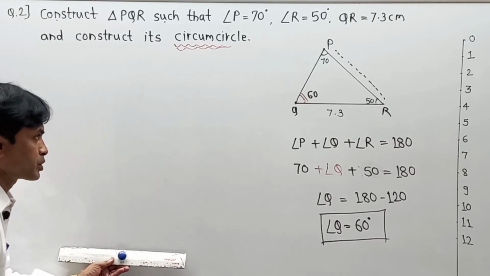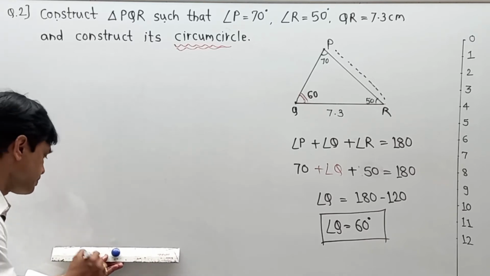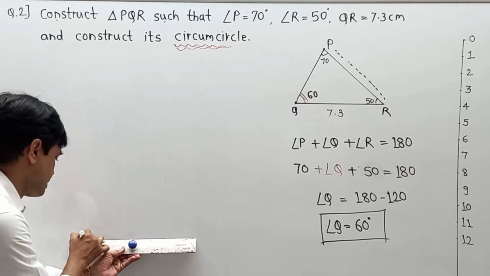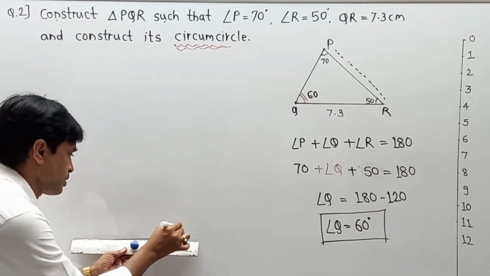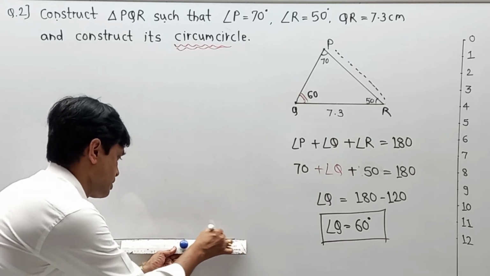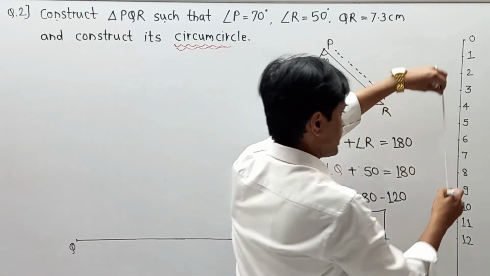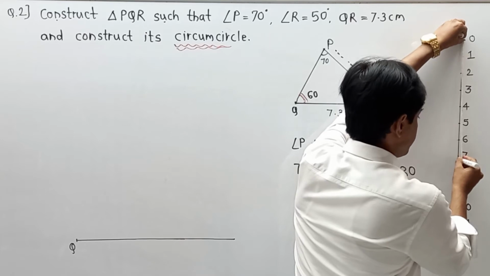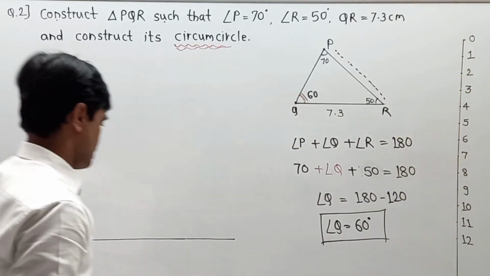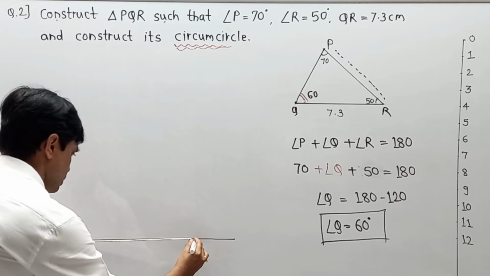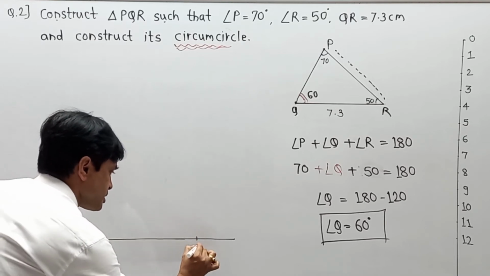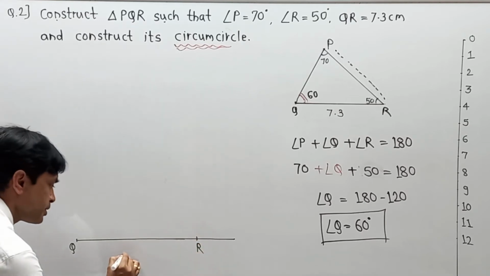So, here I am going to start QR, starting from point Q. Now Q to R, this distance is 7.3 centimeters.